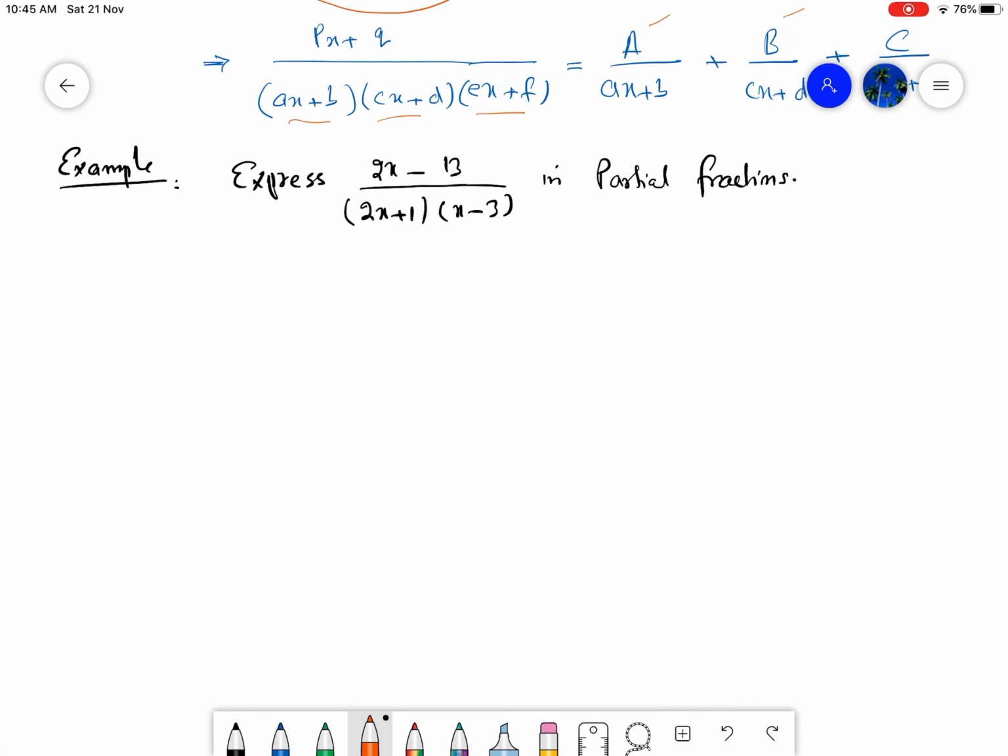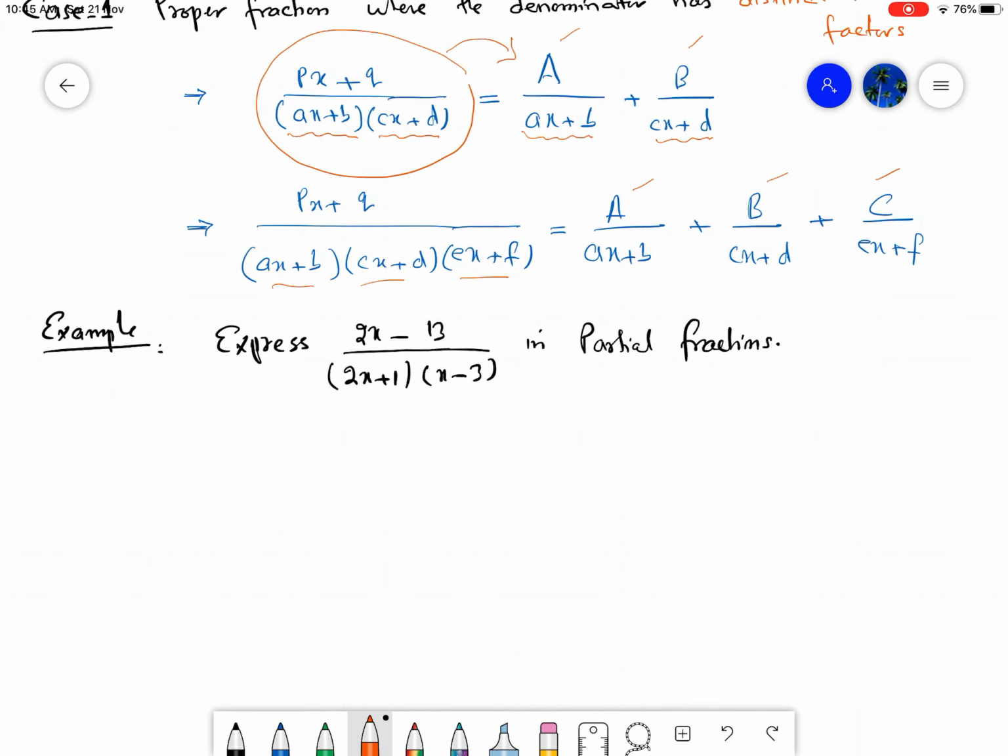Express (2x minus 13) over (2x plus 1)(x minus 3) in partial fractions. This is the first case, and you can see that in the denominator there are two linear functions which are distinct from each other. So we can start writing (2x minus 13) over (2x plus 1)(x minus 3) is equal to defining variable A over 2x plus 1 plus defining variable B over the second factor.